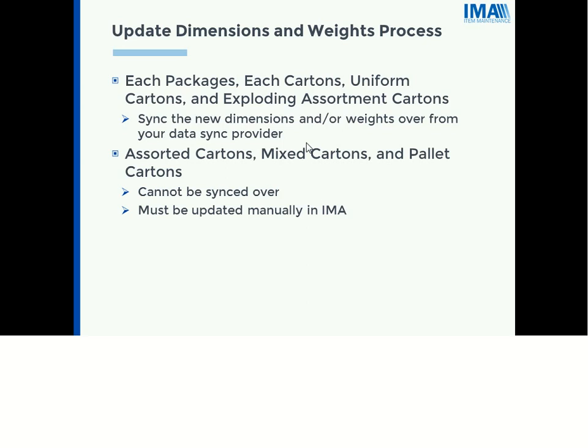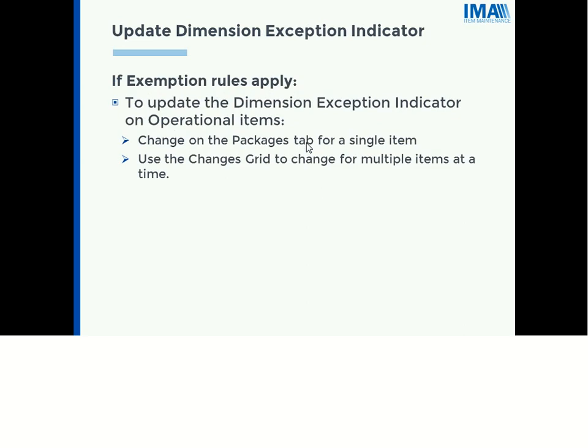If you want to update each packages, each cartons, uniform cartons, and exploding assortment cartons, you should sync those new dimensions and weights over from your data sync provider. If you would like to update assorted cartons, mixed cartons, or pallet cartons, those cannot be synced over and have to be updated manually.